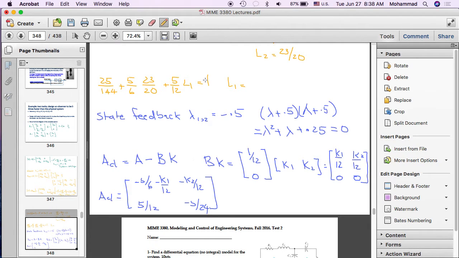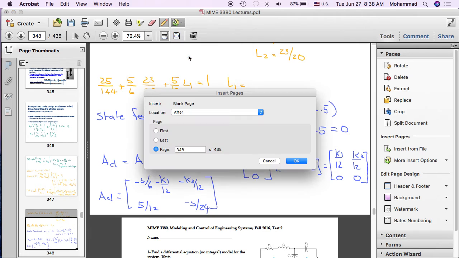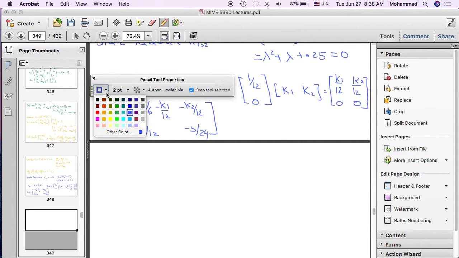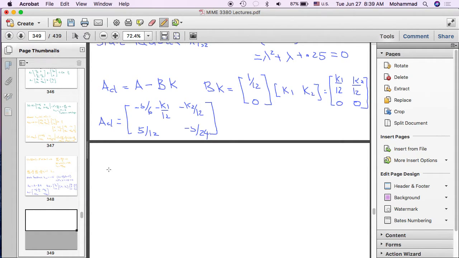Then the next step is to find the eigenvalues. So let's go ahead and find the eigenvalues, which requires finding lambda I minus A closed loop.